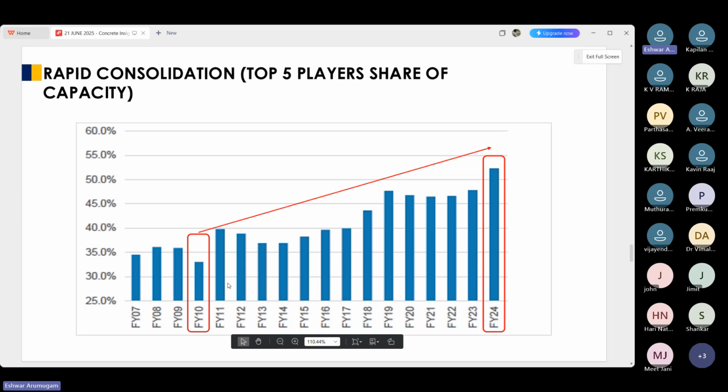There has been rapid consolidation in the industry, with M&A activity, which has led to the top five players' share in the total cement capacity being more than 50% in FY24. So this rise has been exponential, and this rise will also lead to a better pricing scenario in the cement industry. Let's move on to the next slide.